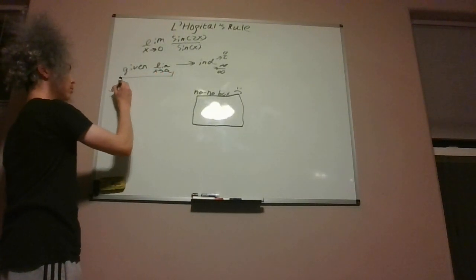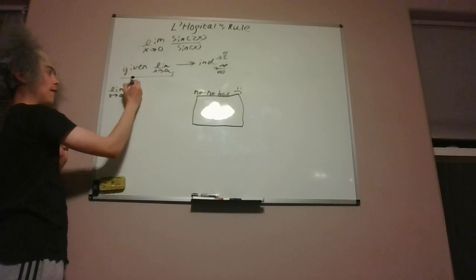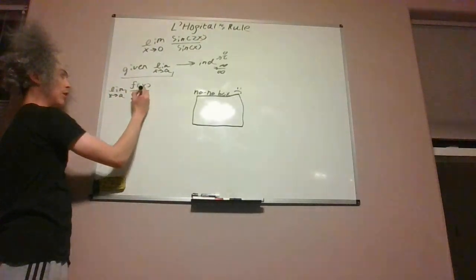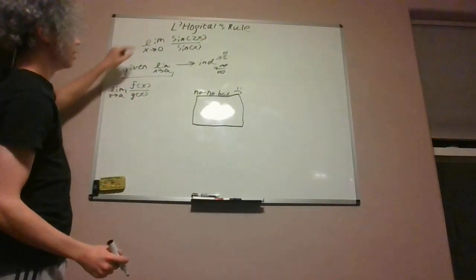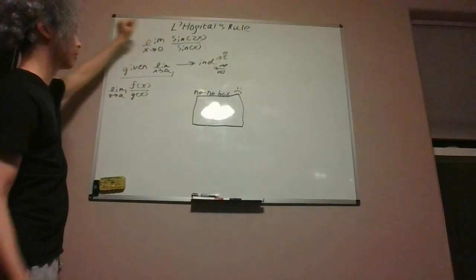the limit as x approaches a of, and then I'm going to write numerator and denominator here as functions, right? Kind of how if this top was f of x equals sine of 2x, g of x is equal to sine of x, right?